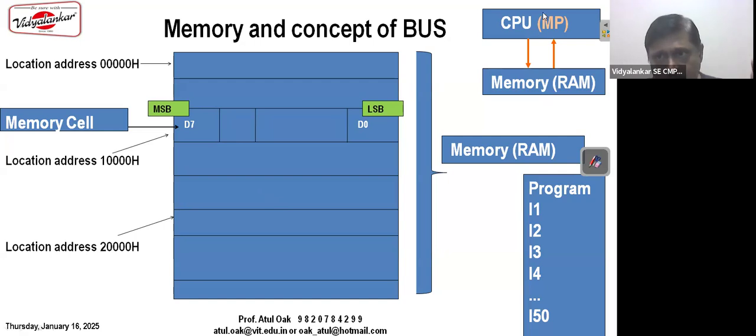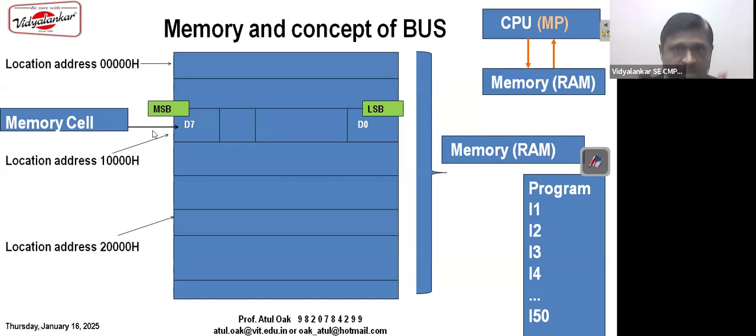Question is how my processor will know where in the memory my program starts or where in the memory my data is available, because there are billions of locations. That information we carry using address bus.